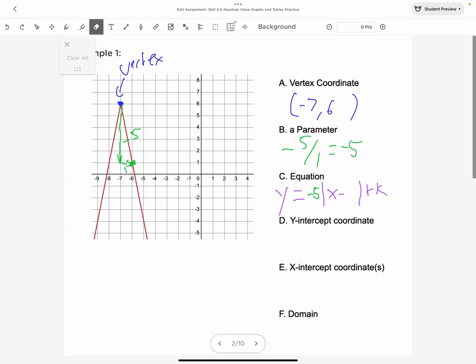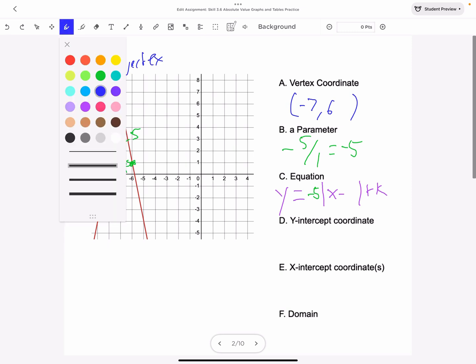My h becomes -7, so that becomes +7, because we switched the sign. And then my k becomes +6.